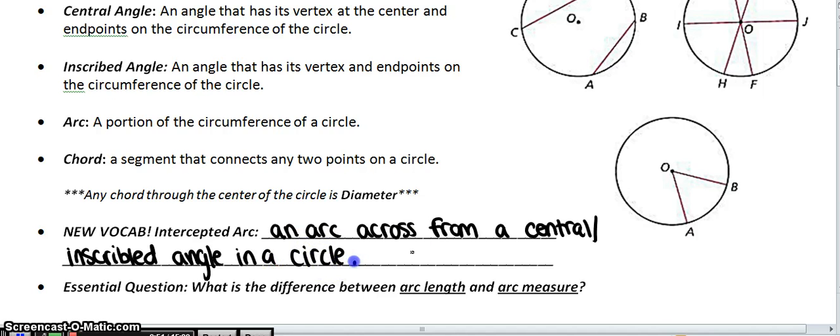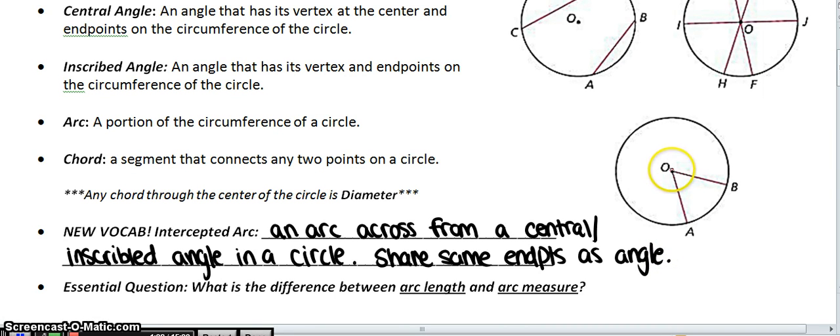Okay, all intercepted arcs should share the same endpoints as the angle, whatever angle you're talking about. In order to understand this, you need to know what a central angle and an inscribed angle is.